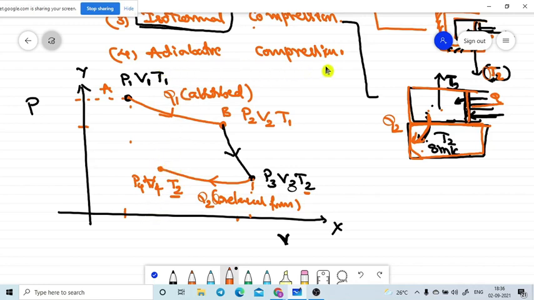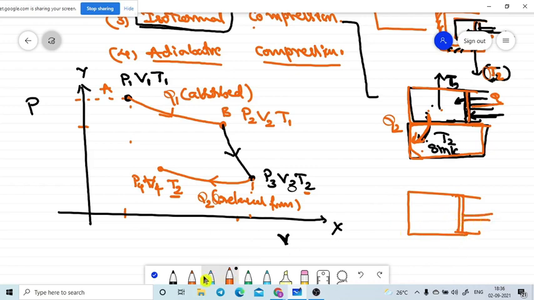Adiabatic compression. Adiabatic compression means in this one we are compressing the system. But what are we doing? We are not allowing heat energy to flow from the surroundings to the system while we are compressing.